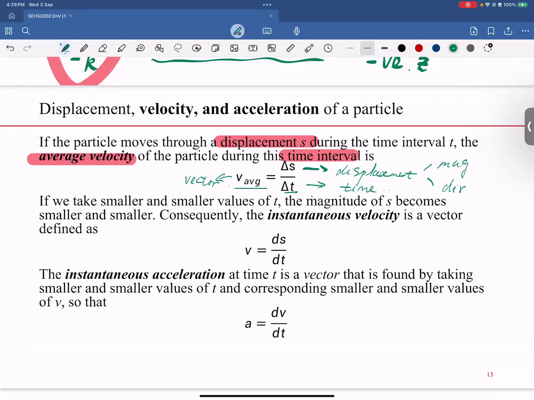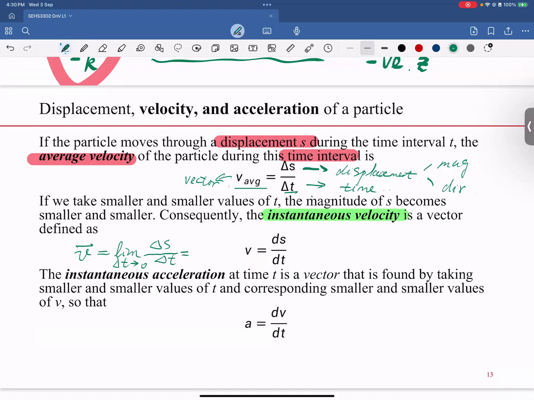And based on that, we can define the instant velocity. So what is the instant velocity or instantaneous velocity? It is the limit. So V, the instant velocity, is the limit as delta t goes to 0, a very, very small time interval, of delta s over delta t.